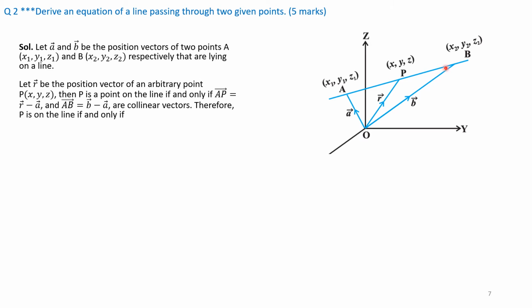That means P is collinear with A and B. Therefore, P is on the line if and only if R minus A is equal to lambda times B minus A, as we derived in the previous equation. Taking A to the right hand side, we get R is equal to A plus lambda into B minus A, where lambda belongs to R. Let it be equation 1. This is the vector equation of the line.